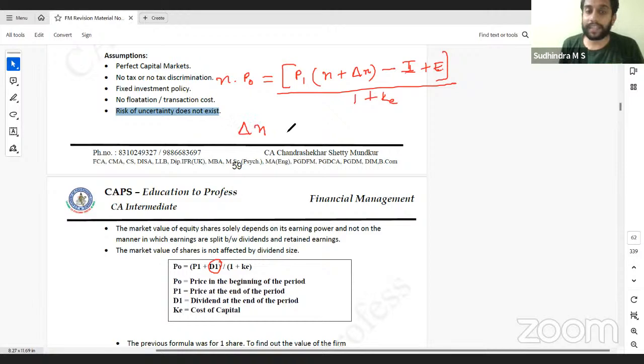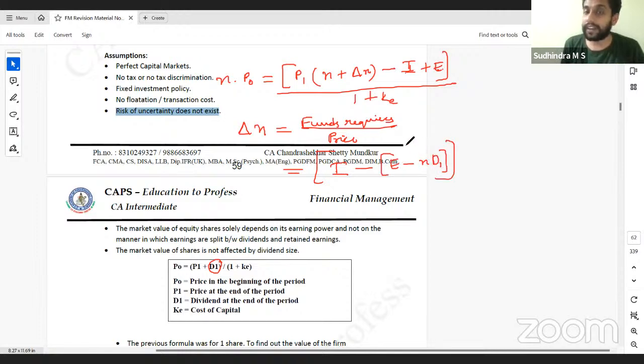How do you calculate delta N? That is the number of shares to be raised, funds required divided by price per share. That's the additional shares to be raised. How do you calculate funds required? I, investment, minus whatever retained earnings. That is earnings minus dividend. N into D1.